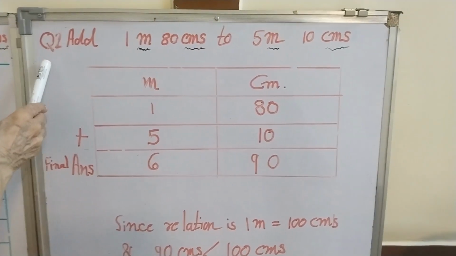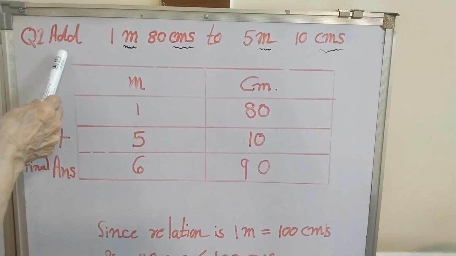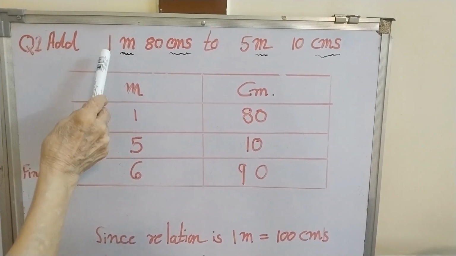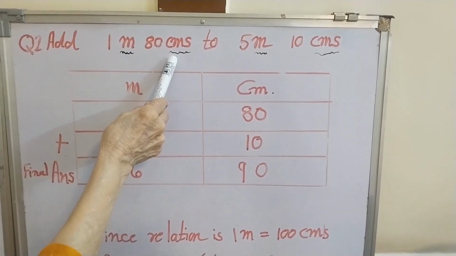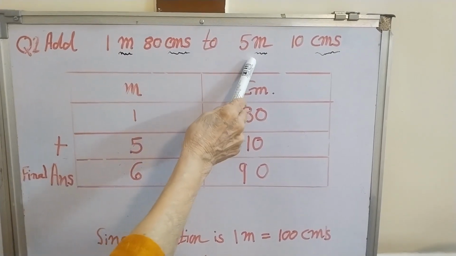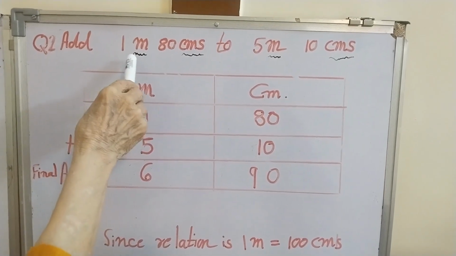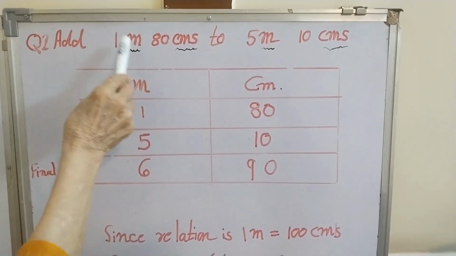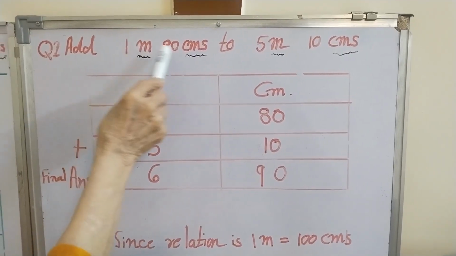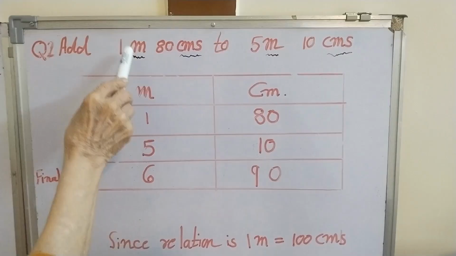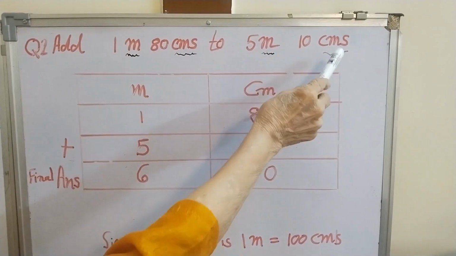Now let us solve question 2 under addition only. Add 1 meter 80 centimeters to 5 meters 10 centimeters. Here Nani, you can see that everything shows two parts, meter, centimeter, meter, centimeter.